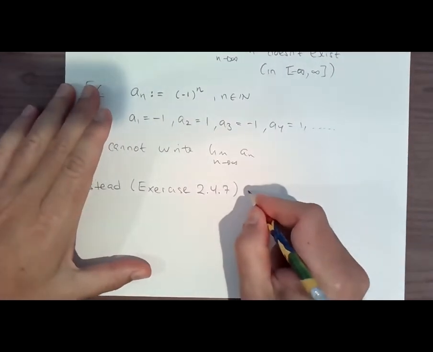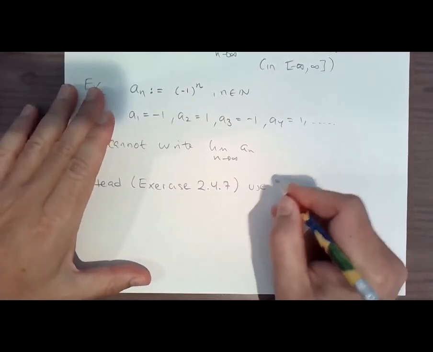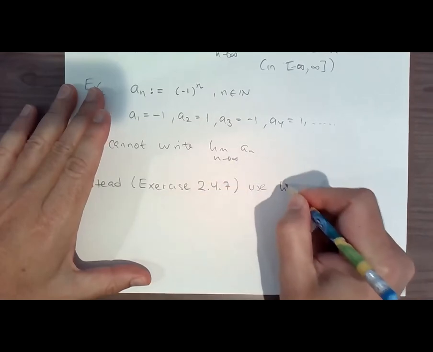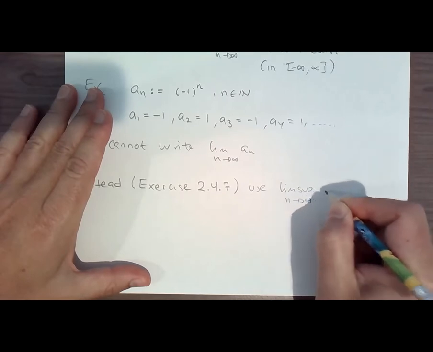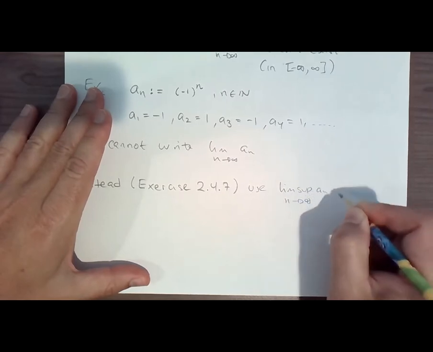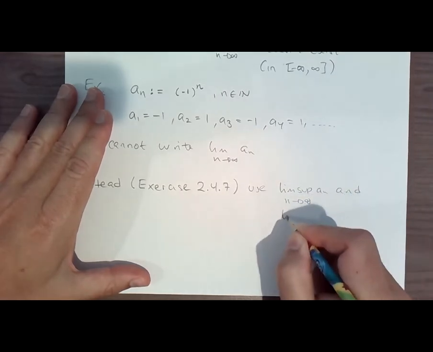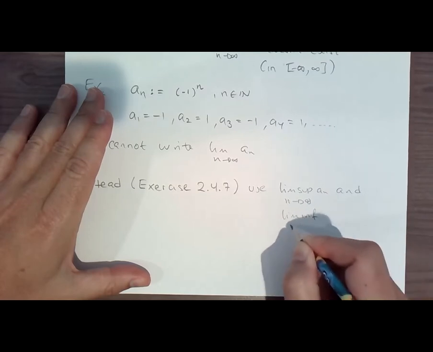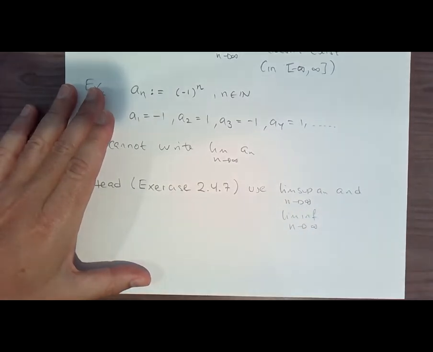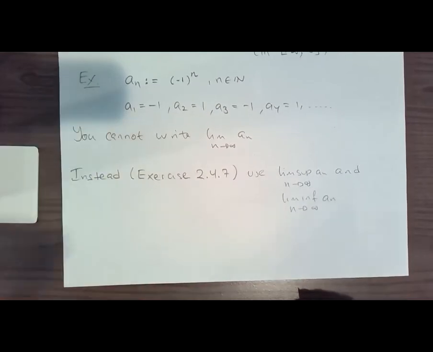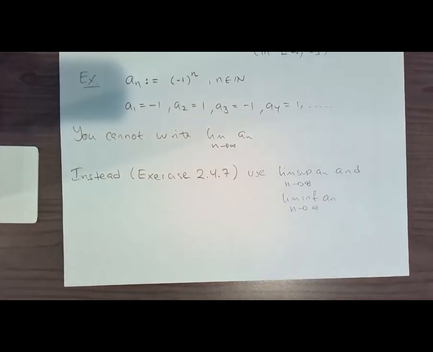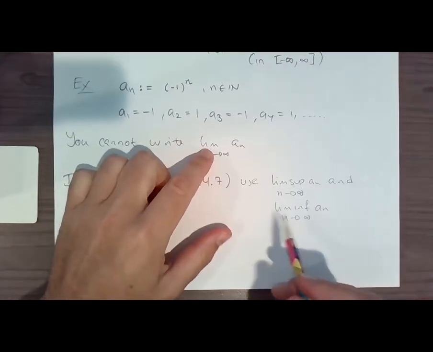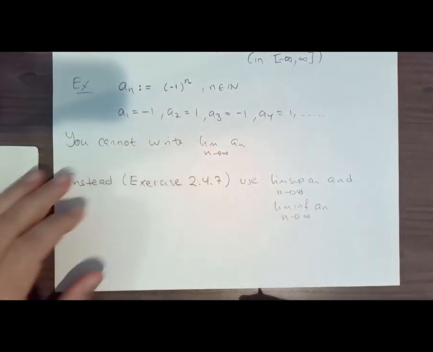Instead, you should use not limits, but lim sup over n to infinity and lim inf. So let me talk a little bit about them. We have lim sup and we have lim inf. They look a lot like lim. There's just a sup and an inf put after it.